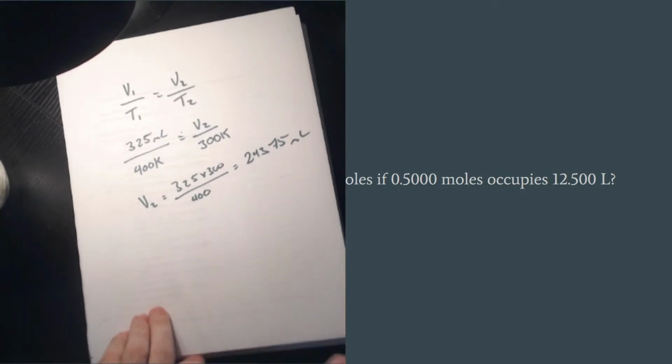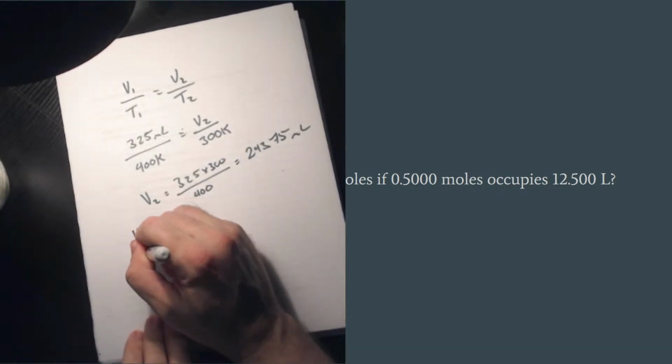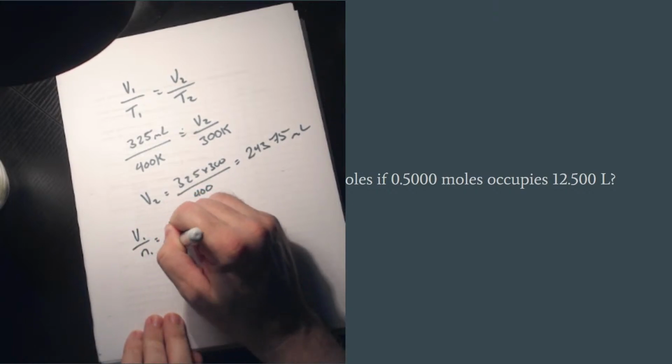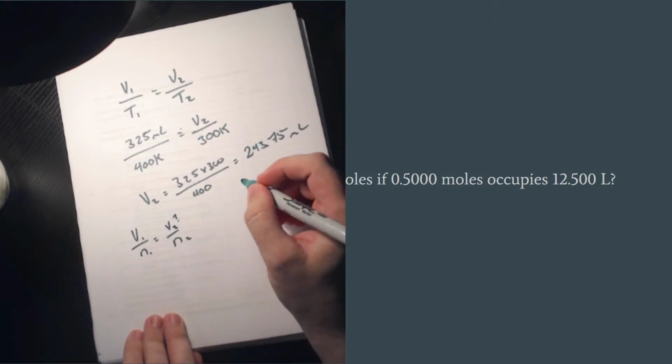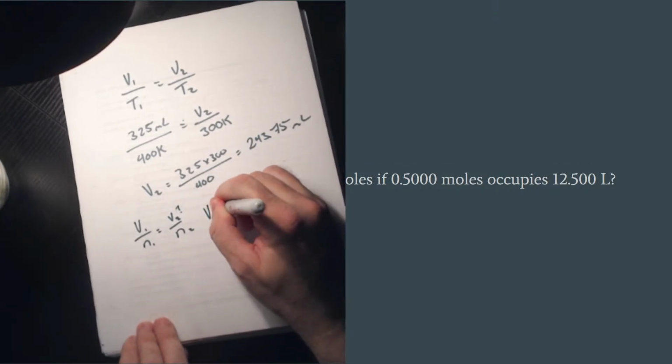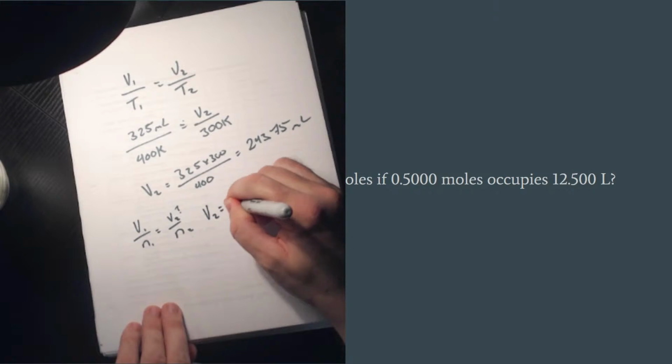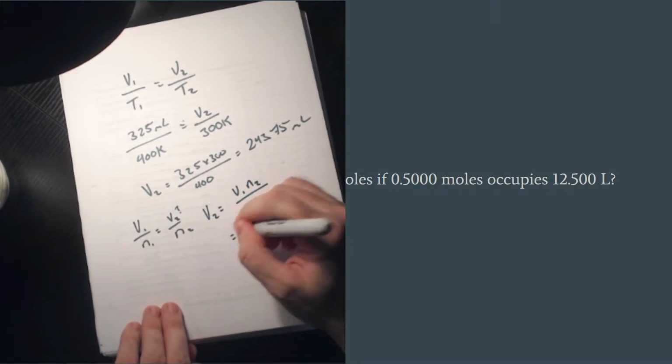Well, V1 over N1 equals V2 over N2. We know V1, N1, and N2. We're looking for V2. So V2 is equal to V1 times N2 over N1.